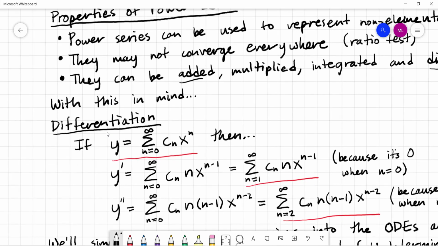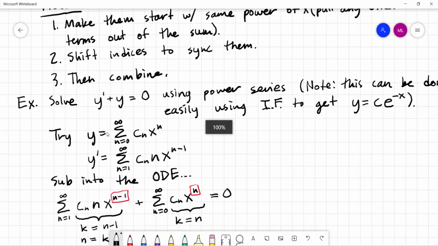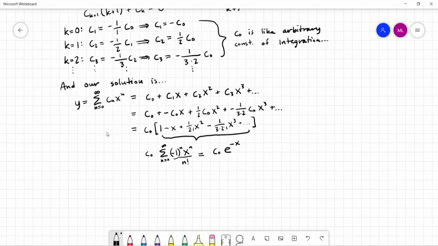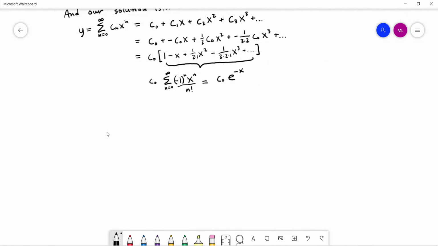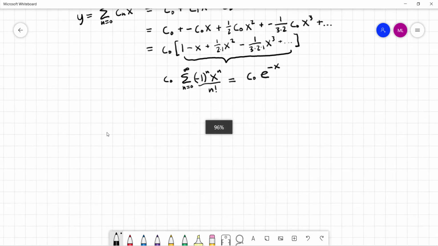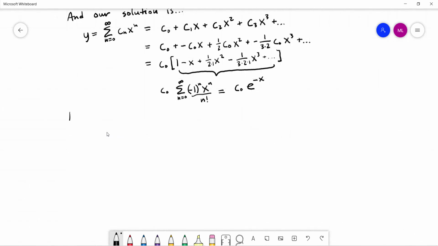Okay, so let me mention a couple more things, but this is going to be the process of doing this. Let me just mention a couple of other things. So things to keep in mind. Number one, when we're talking about a power series, you have to center it somewhere, right?